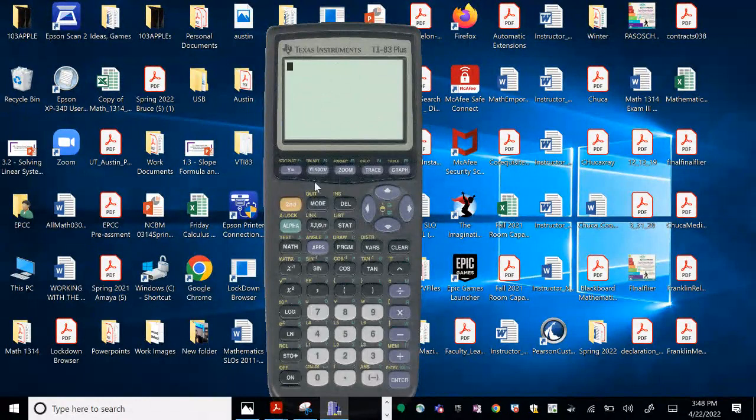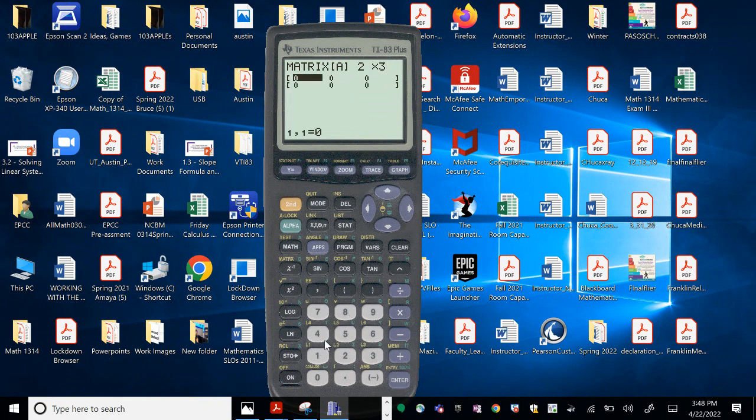But if you're using a graphing calculator, then the way you would work with the matrix is you would press second matrix, and then you have to put the stuff in there. So you would go to edit and then pick a matrix, so A, and I'm going to do a 2 by 3 matrix.